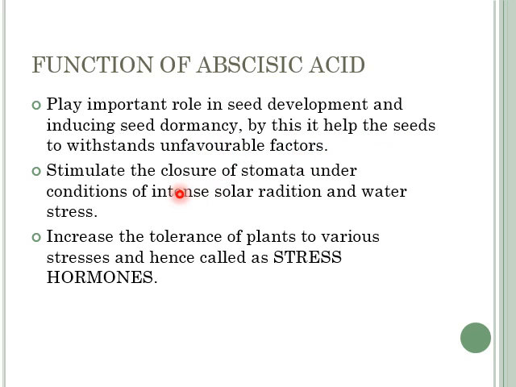Number 2, it stimulates the closure of stomata under intense solar radiation when the temperature is very high, to prevent loss of water and water stress. It increases the tolerance of the plant to various stresses and hence is called the stress hormone.